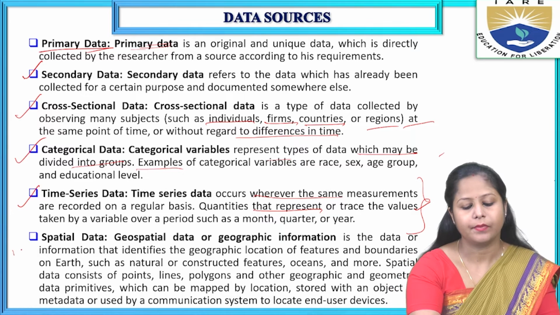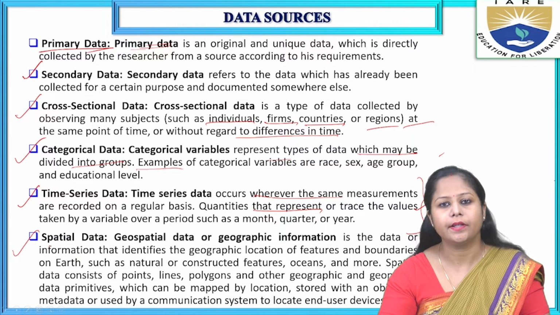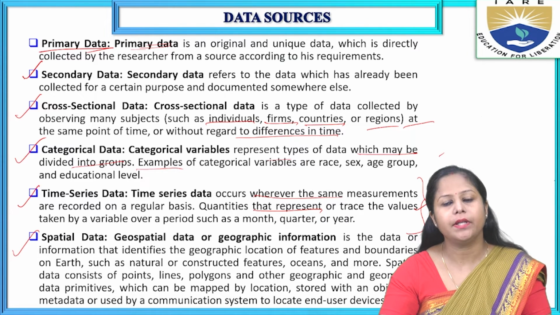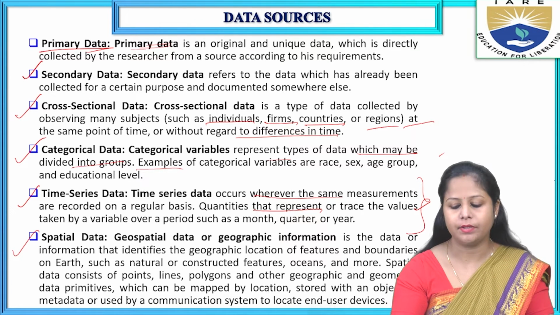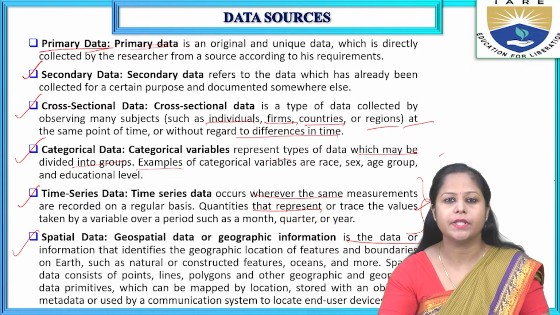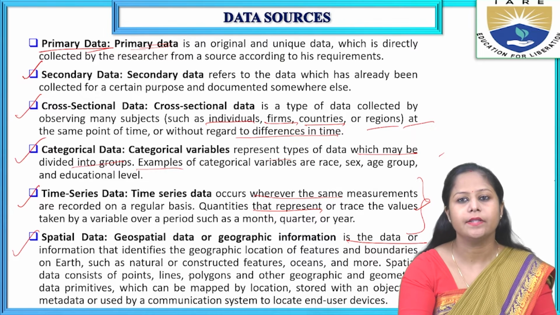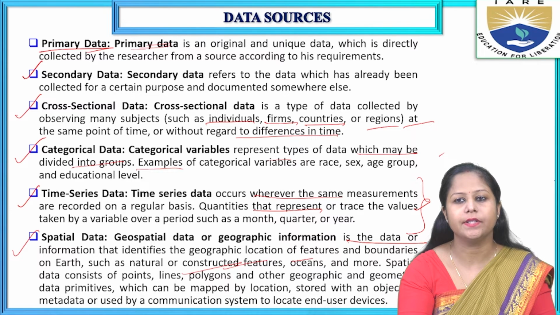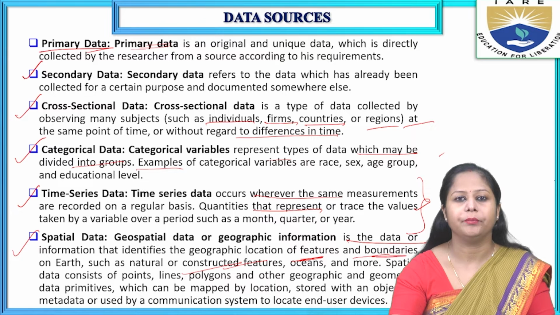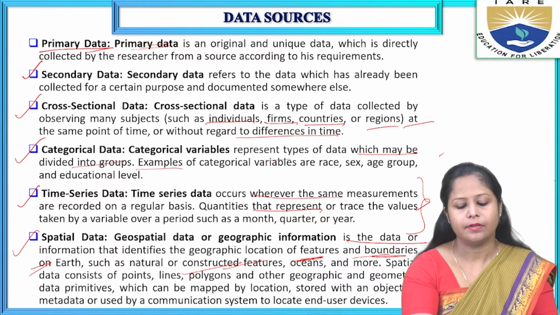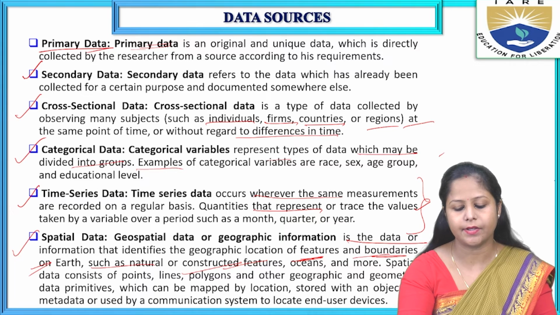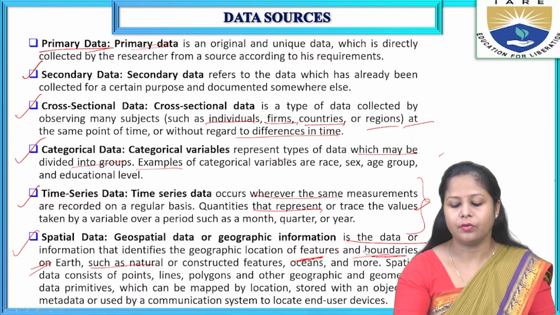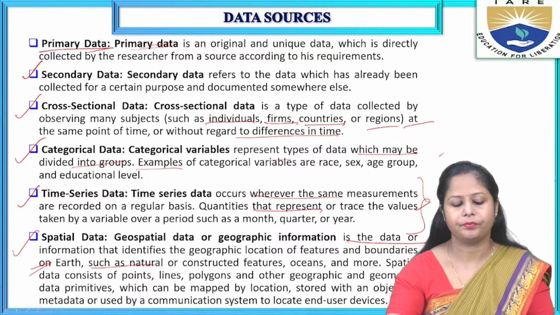Spatial data. That is very, very interesting data. Spatial data is nothing but data related to geography, that is geospatial data or geographic information. It is the data that identifies the geographic location of features and their boundaries on Earth, such as natural or constructed features, that is, constructed by man, oceans, and others.